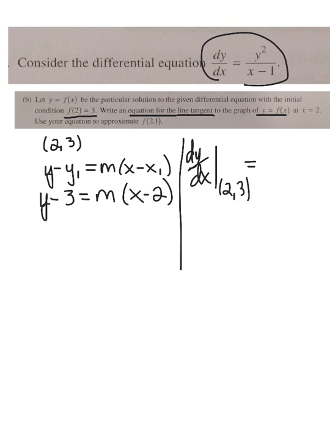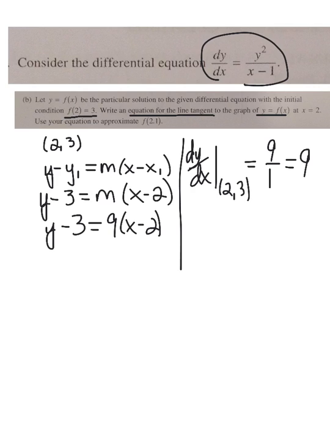So my y value is 3 and my x value is 2. Why don't you pause me and figure that out? So you're going to have 9 over 1, which is 9. So then y minus 3 equals 9 times x minus 2.